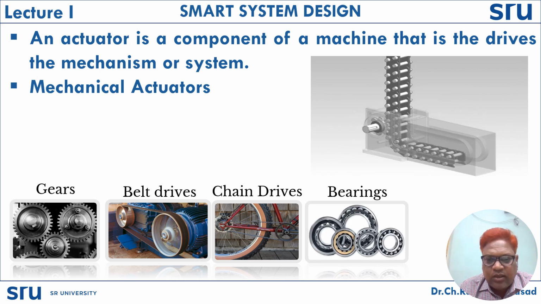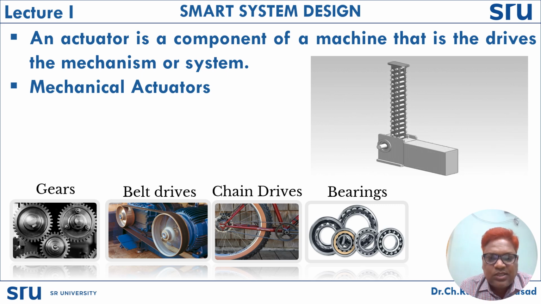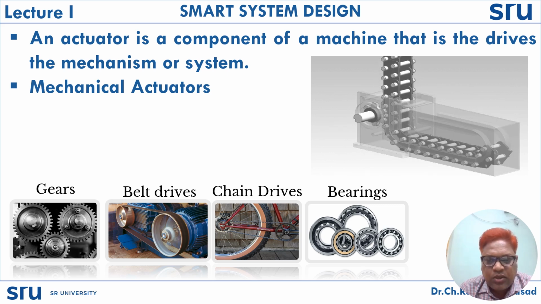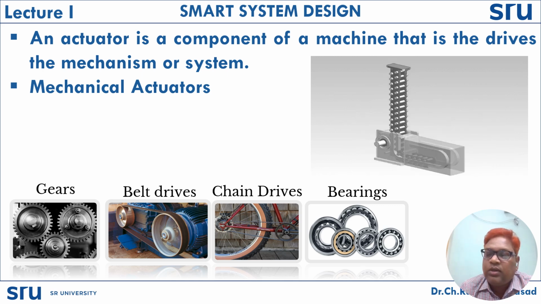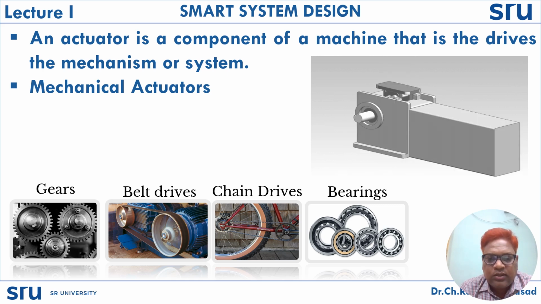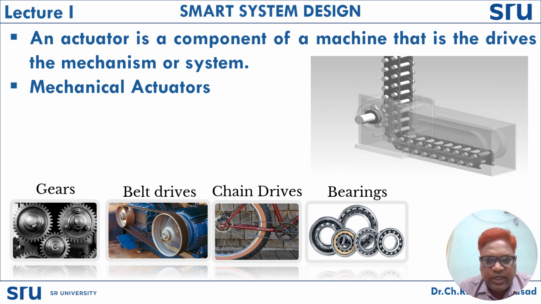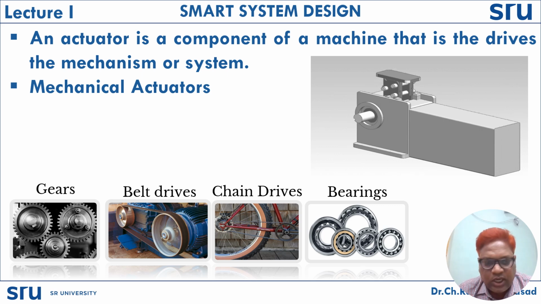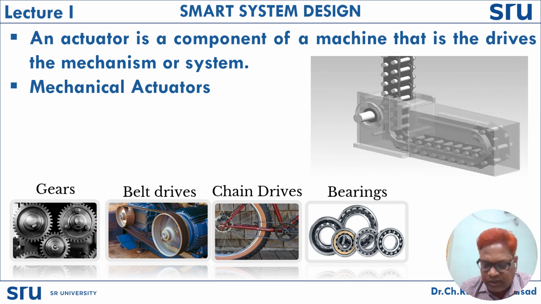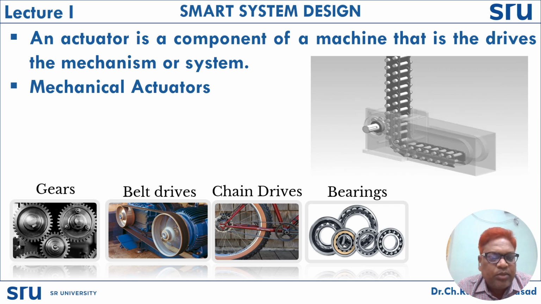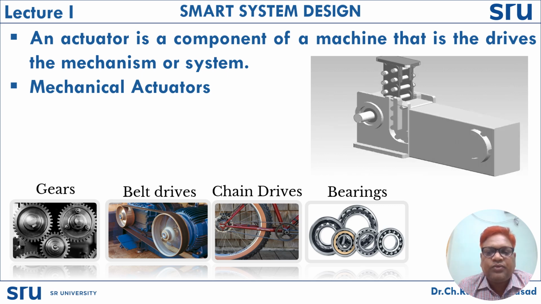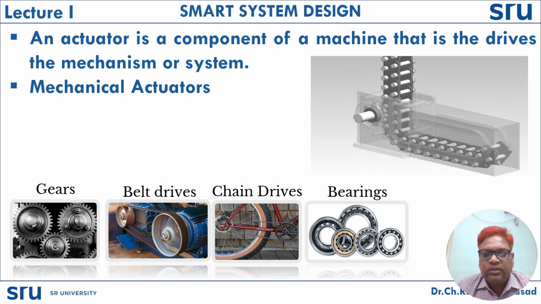Bearings are normally supporting systems for rotating members. We can see them in fans and vehicles. Rotating members are nothing but rotating shafts. So these are some of the mechanical actuators. They are responsible for the movement of another component in a system.